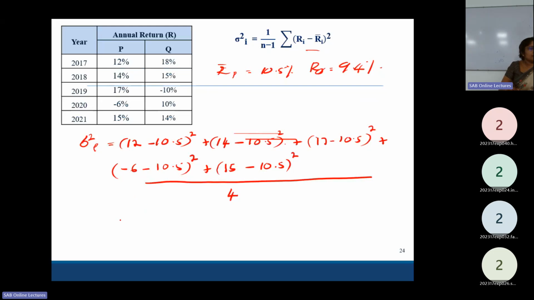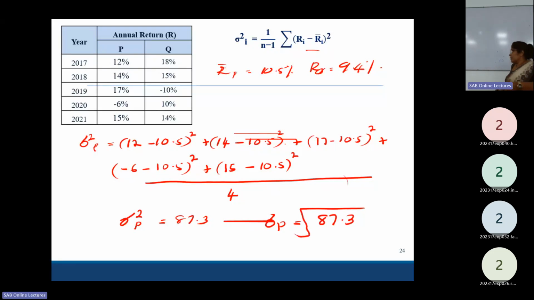This is the variance of stock P. Then you can calculate the standard deviation of stock P. Sigma P is the standard deviation, simply the square root of the variance.